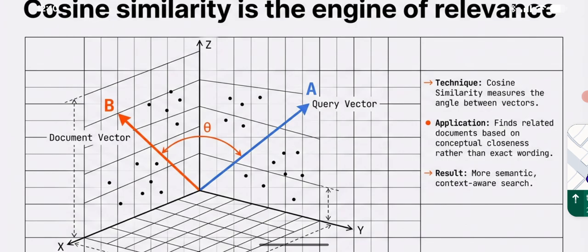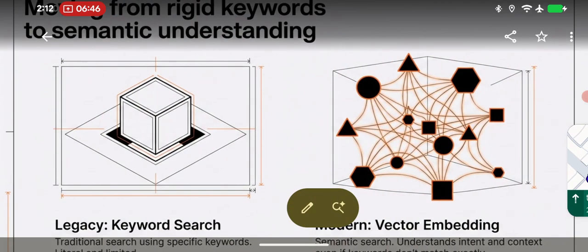King and queen may be of different gender, but based on royalty they would be close to each other. Cosine similarity measures the angle between vectors and gives the results based on which are the closest.